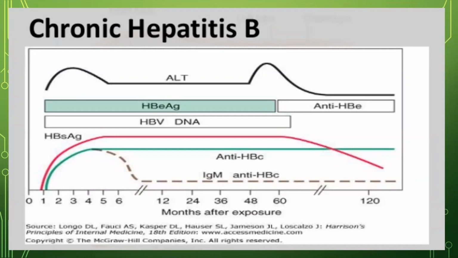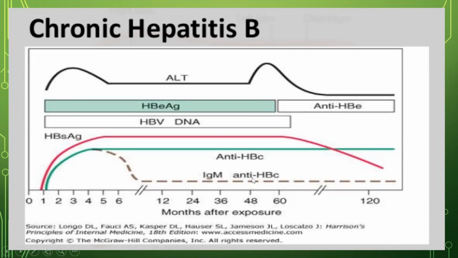As you can see on the table present here, as long as the hepatitis B viral infection exists, there are some changes in the parameters which may help you to make a diagnosis.